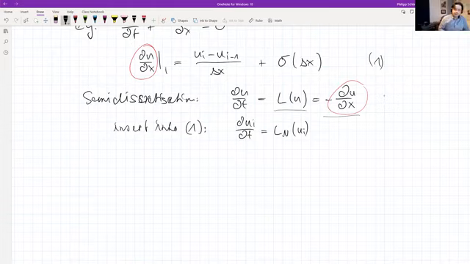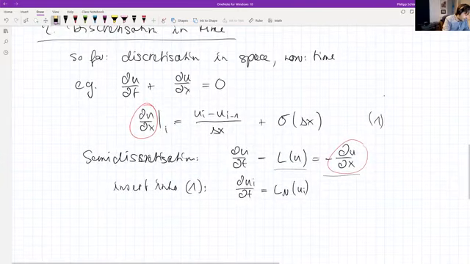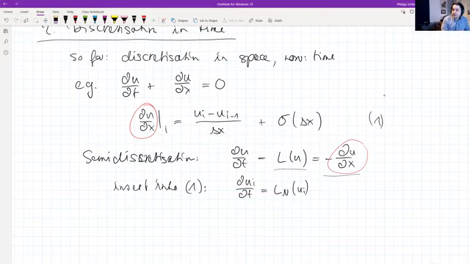Now there is one important aspect that we should understand about what we have done here. You see, I have still written partial derivatives here for u, but actually all the spatial derivatives, so the d dx, in the discretized form have now been replaced by differences. So the only actual derivative of ui, the grid function, is in time.